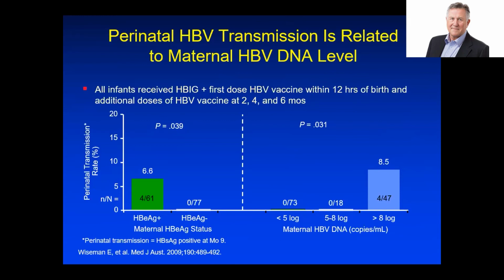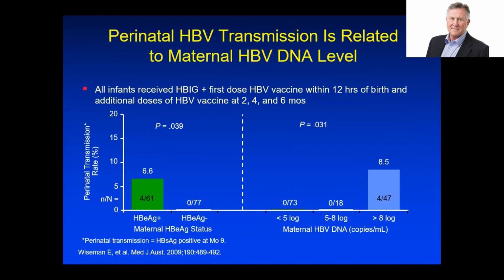What is apparent is that some mothers still have transmission to their babies despite that. So it's 95% effective, but it's not 100% effective. So the question is, who is at risk of transmission? And the answer is early in around 2009, this publication came out from a Sydney group, which showed that mothers who are e-antigen positive had a 6.6% chance of transmission to their babies.